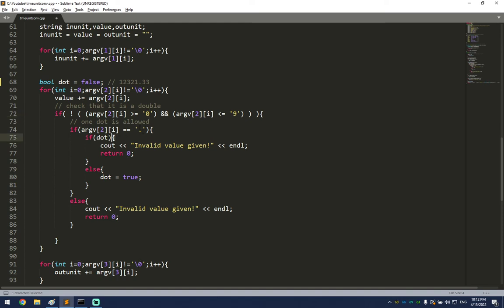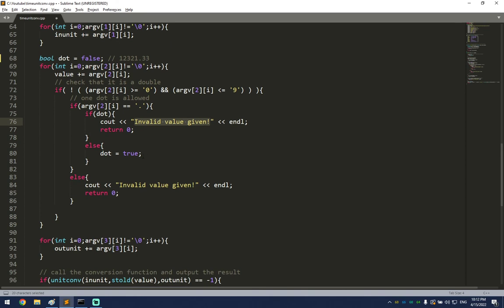If I have already met a dot, I just say that this is invalid because you have given 2 dots so far. Otherwise, I just set the dot to be true and I just move on. In the case that the character is not even a dot, then it's for sure an invalid value, right? So you cannot give like a D here or F or an exclamation mark, right? So that's just simple input checking.